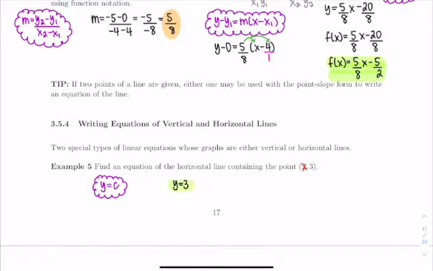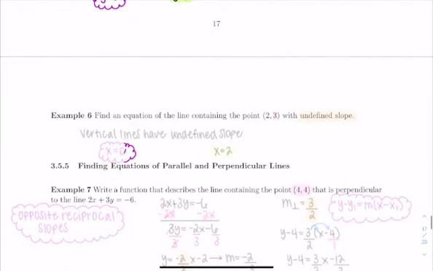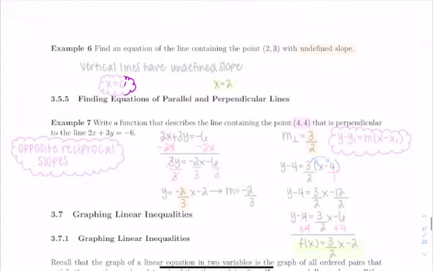For example number 6, we're writing an equation of a line that is going through the point (2, 3) again, but it has an undefined slope. The undefined slope tells us that this is a vertical line, because vertical lines have undefined slope.